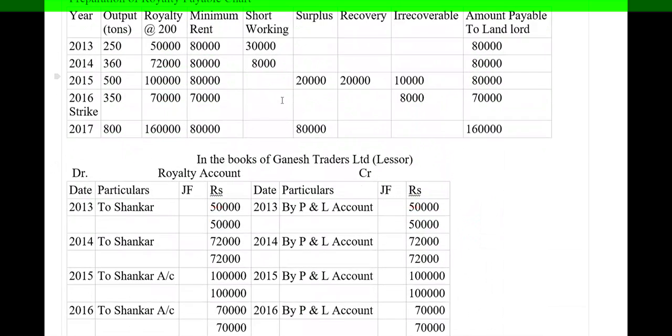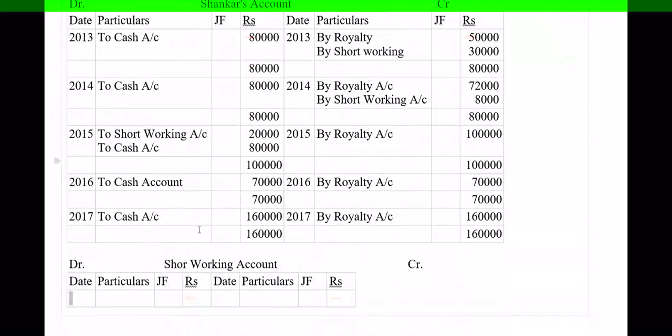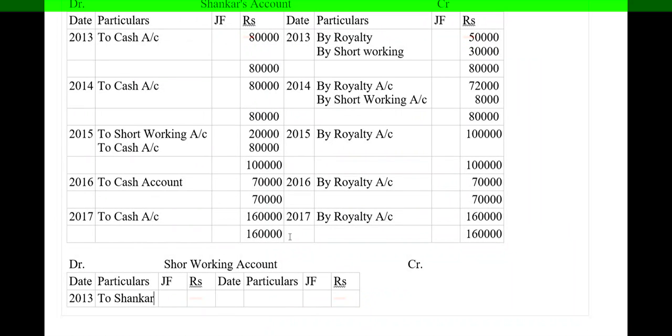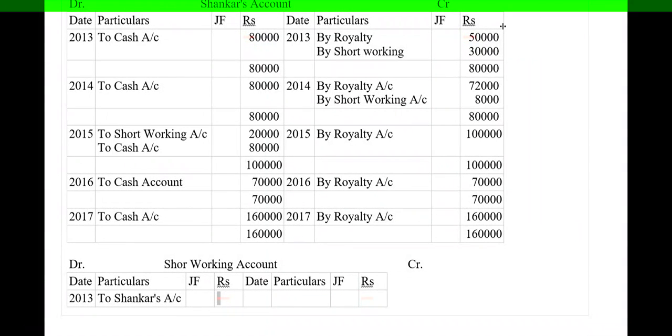In the first year there is a short working, then the entry will be short working account debited to Shankar's account. We have got the short working in the year 2013. So 2013, short working account debit to Shankar's account. The short working we have got here is 30,000. You can see here, 30,000.